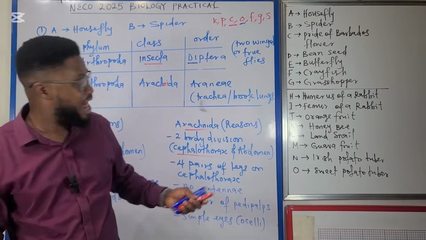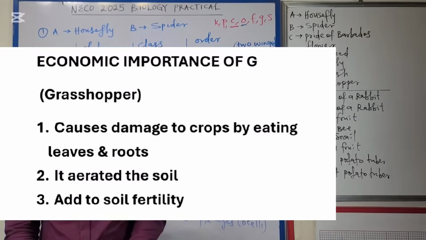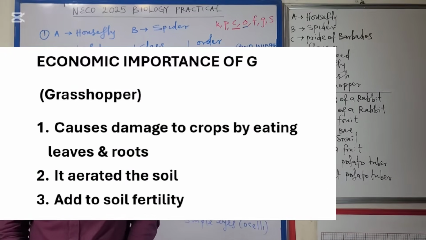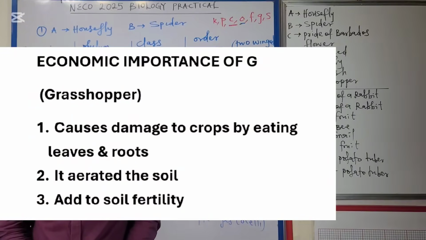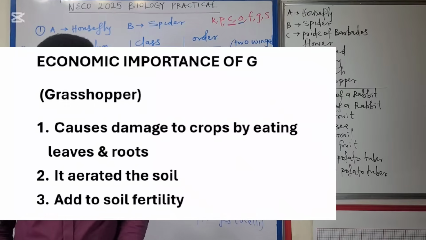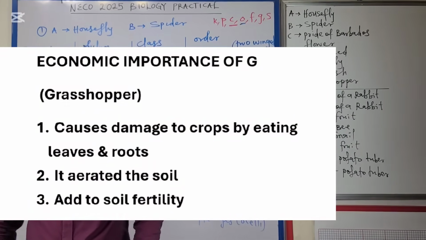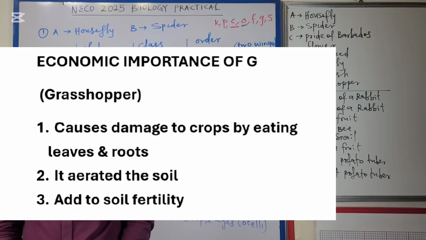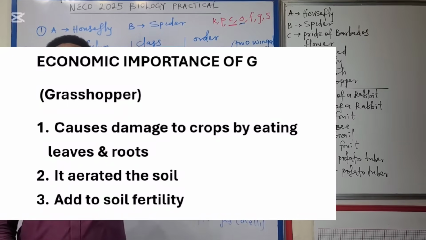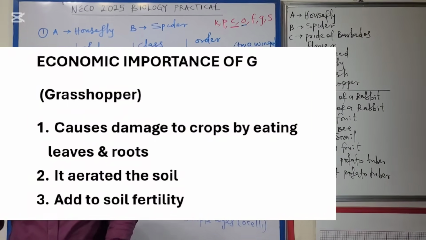Can we also have economic importance of grasshopper? Grasshoppers damage crops by eating leaves and roots. Grasshopper here is also beneficial because they help to aerate the soil. Once they burrow into the soil, they free the soil particles, allowing air to come in, so they aerate the soil, and they also add to soil fertility when they pass feces onto the soil.